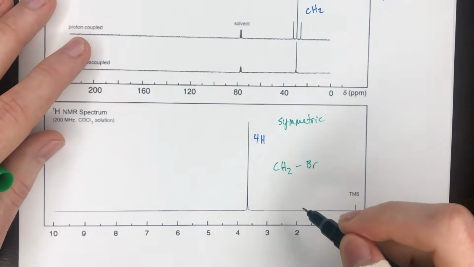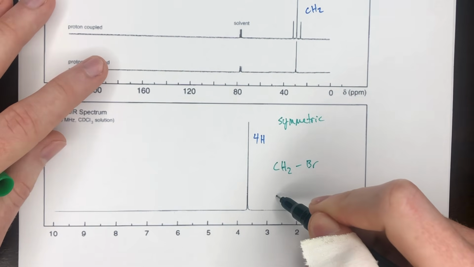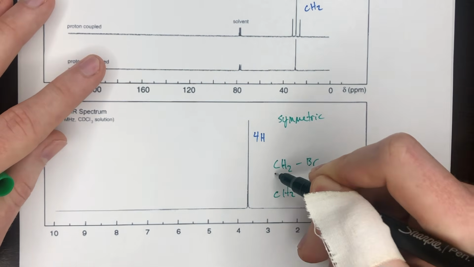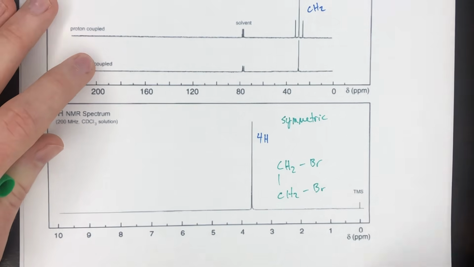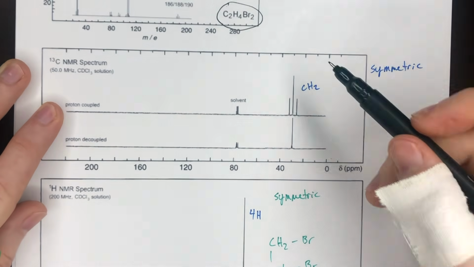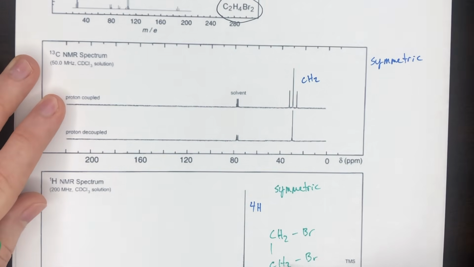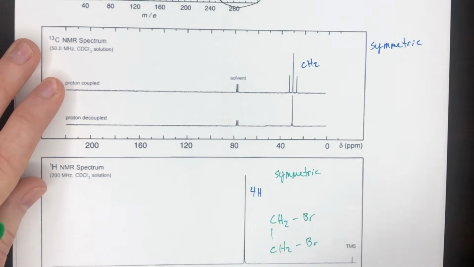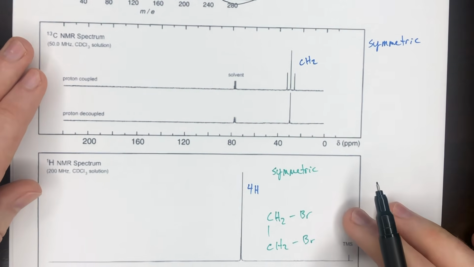And then we need to have a symmetric molecule. So this has to have another CH2Br, and those are bound to each other. And then if we look at our molecular formula again, it's C2H4Br2, so that's 2 CH2s and 2 Brs. So it's consistent with what we're seeing here.